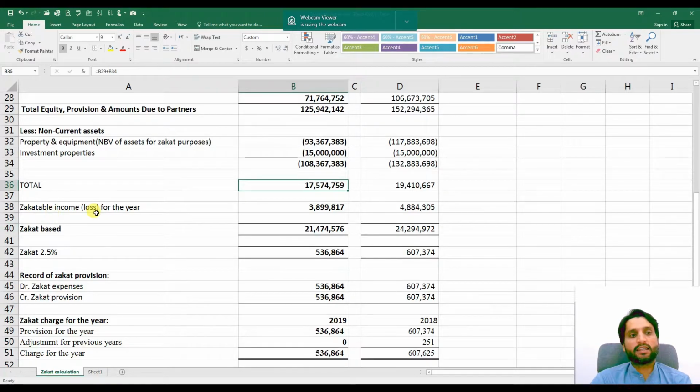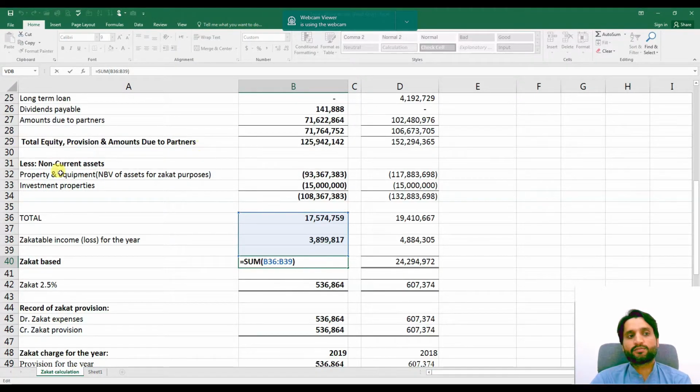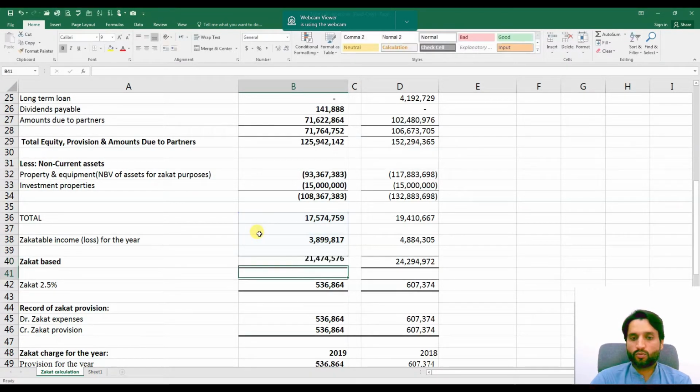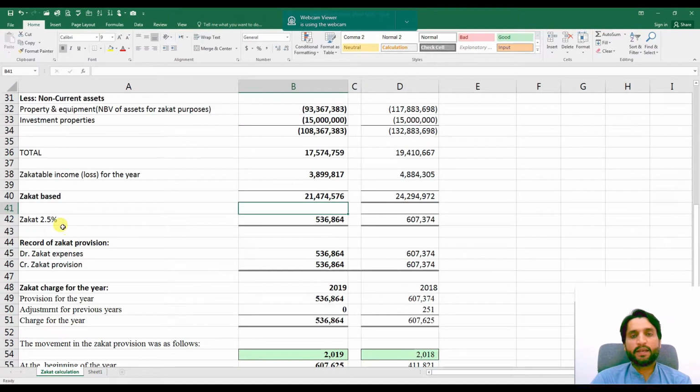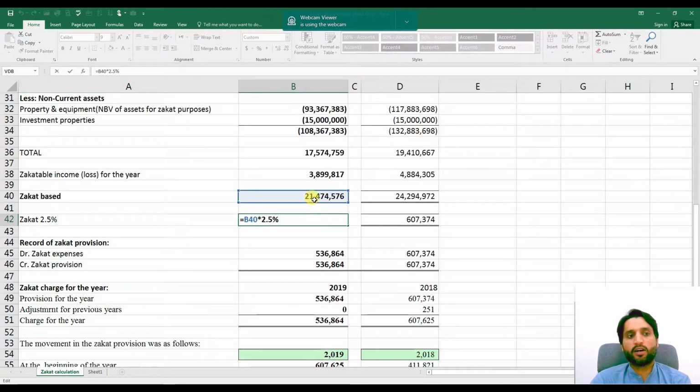Zakat income or loss for the year is the first one here, and the zakat base is the total of these two figures: total equity, provision and amount due to partners, plus less non-current assets. So it comes with this value. The zakat rate is 2.5% for all Muslims. So zakat is calculated by 2.5% of this value, the zakat base.